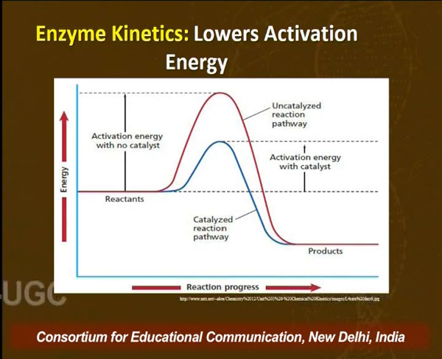Because of the presence of the enzyme, we show that the catalysis activation energy is lowered, and the graph shown in blue color is the one. So the activation energy has been lowered with the catalysis, and the enzymatic reaction occurred in a much faster way. This gives an idea of how the enzyme helps in lowering the activation energy and catalysis of the reaction in a much more speeded way.